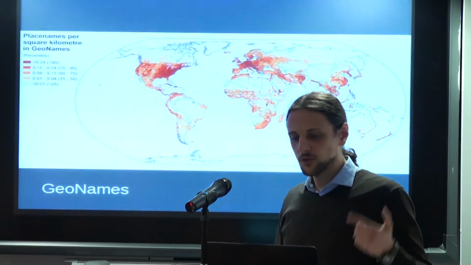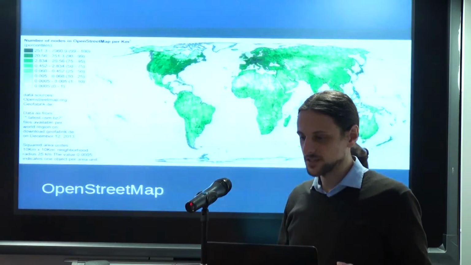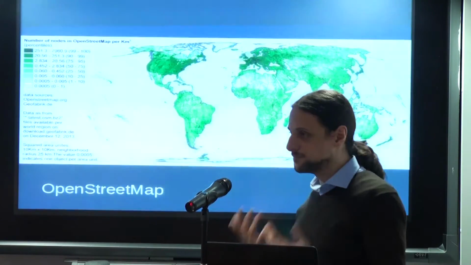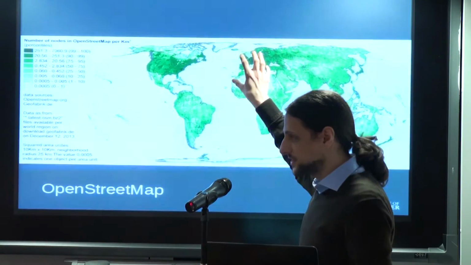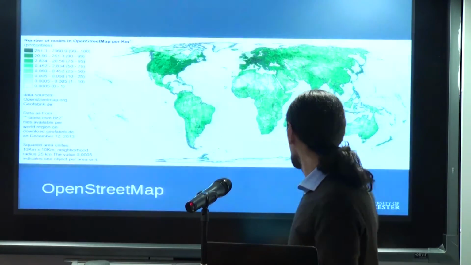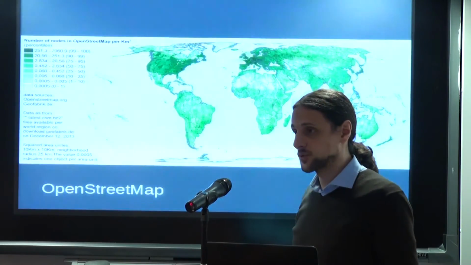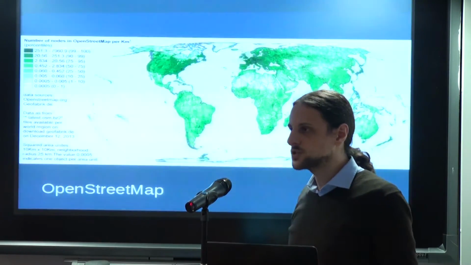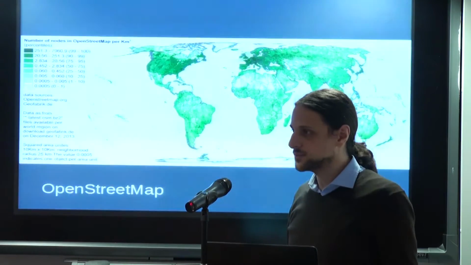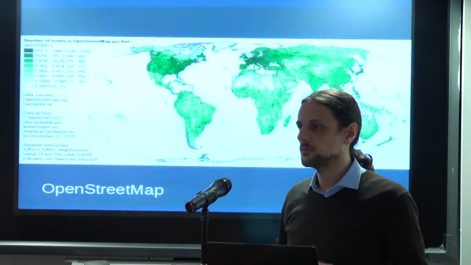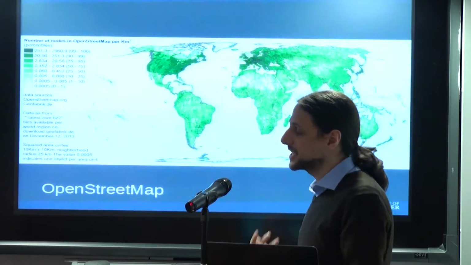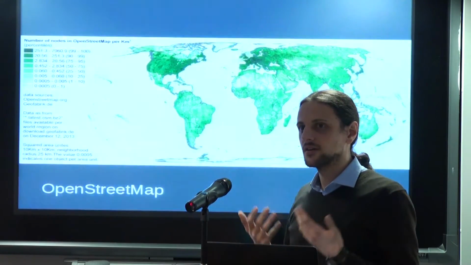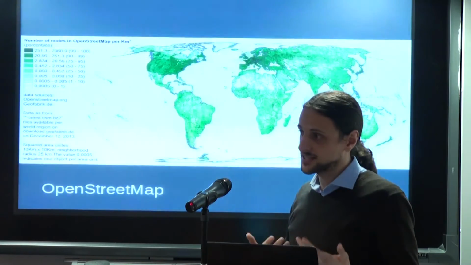Again, if we go from GeoNames to OpenStreetMap, we see very similar geographies. Again, slightly different, but very similar. Europe, North America. In this case, Japan is very prominent. And this is also a reflection of, as in Wikipedia, where people edit from, where the technology is available, in this particular case especially where smartphones with GPS are available.